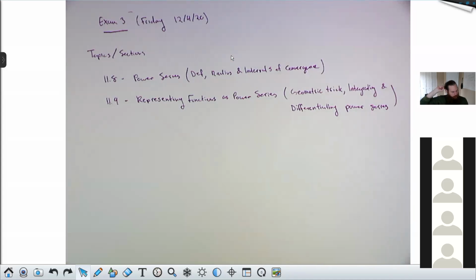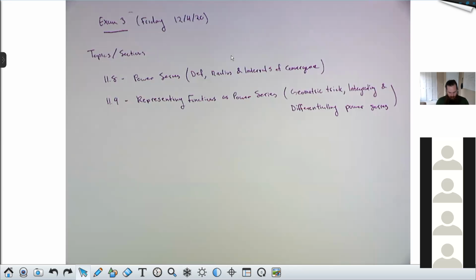So that's stuff like where we found the series for the natural log of 1 plus x by integrating the series for 1 over 1 plus x, or found a series for 1 over 1 minus x all squared by differentiating the series for 1 over 1 minus x.